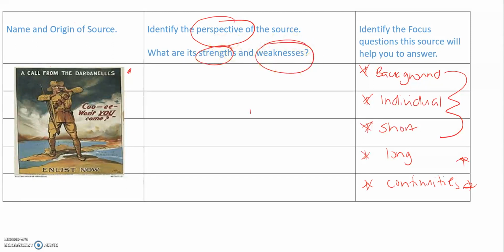Now, what I don't want to see, and what is completely a myth, is this sentence: "Source is strong because it is a primary source," full stop. Well, actually, that's not a reason. It's the type of source that it is. It's a classification. Strengths and weaknesses of a source can be different. I could find a primary source that is a terrible primary source, and it can be very weak.